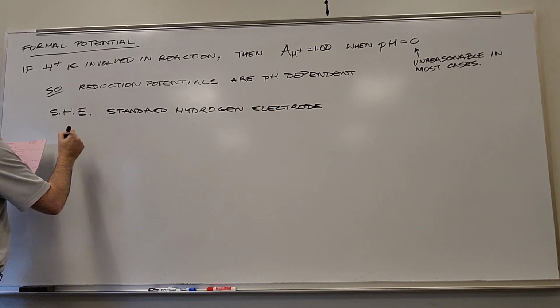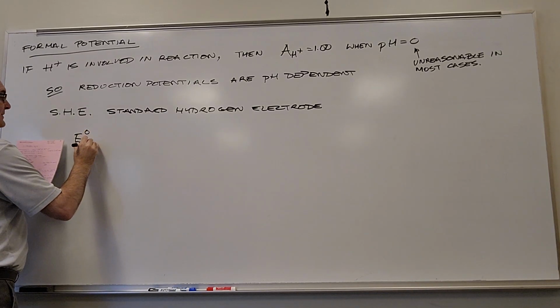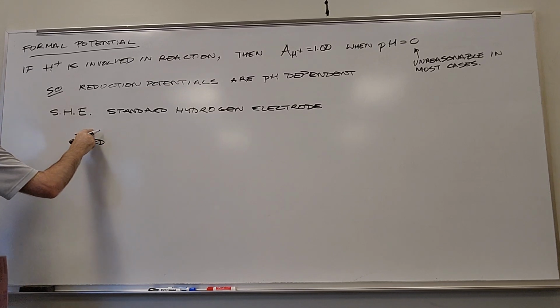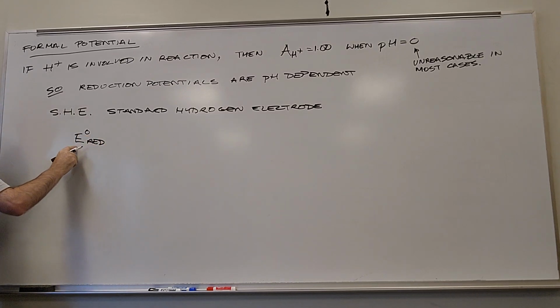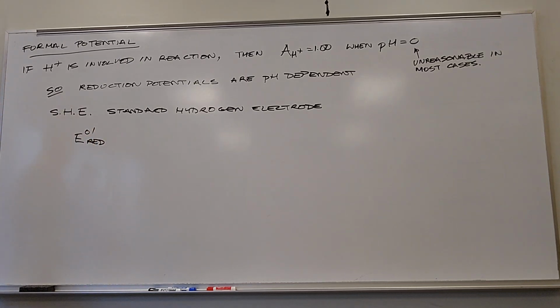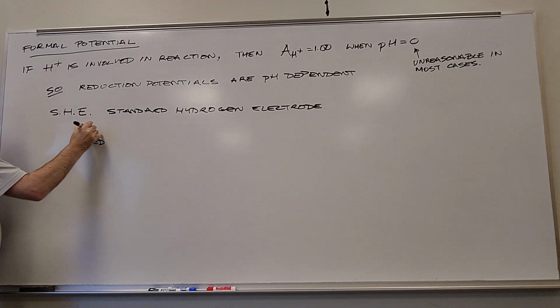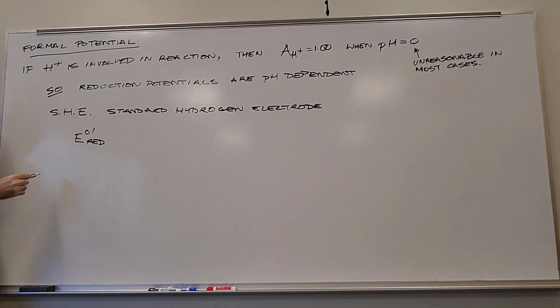I'm going to invent a new one. Here's our reduction potential. That's our standard reduction potential. I'm going to give it an apostrophe. Mostly it's just a little prime or an apostrophe. Occasionally, it gets to be this.